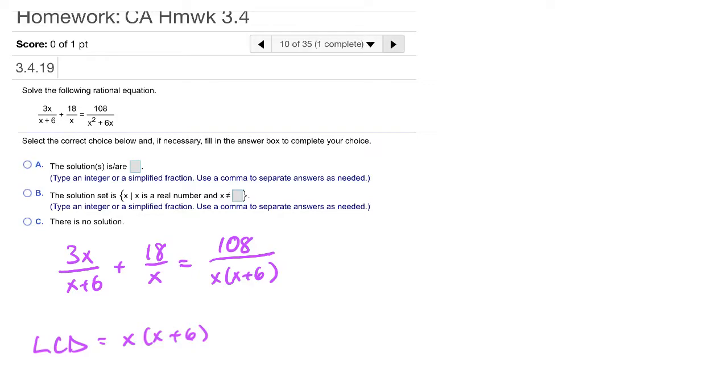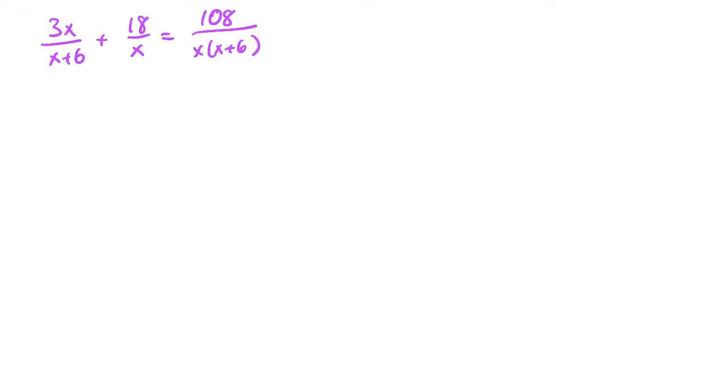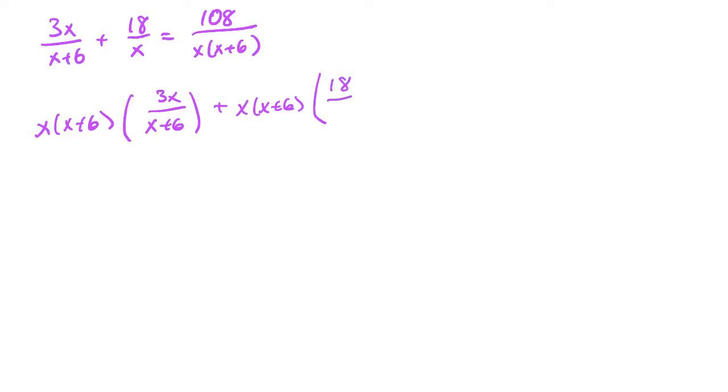If I go through and multiply all the terms by my common denominator, let's see what we have. Multiplying all the terms by my LCD, I've got x times x plus 6 times 3x over x plus 6, plus x times x plus 6 times 18 over x, and then x times x plus 6 times 108 over x times x plus 6.